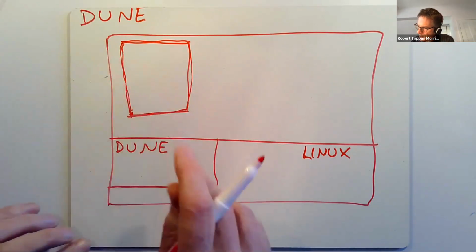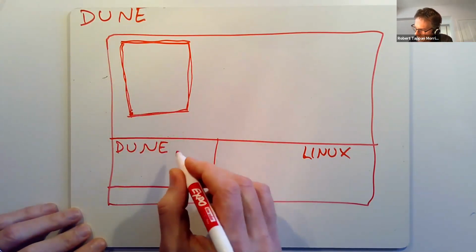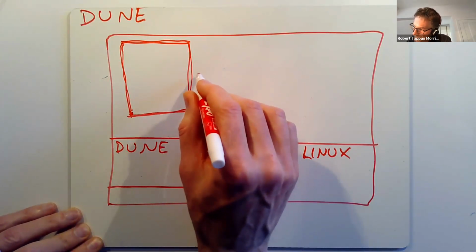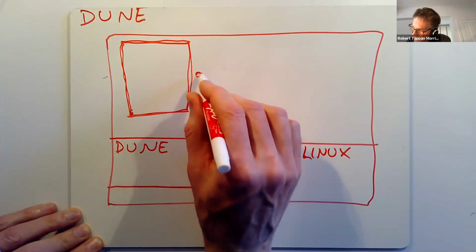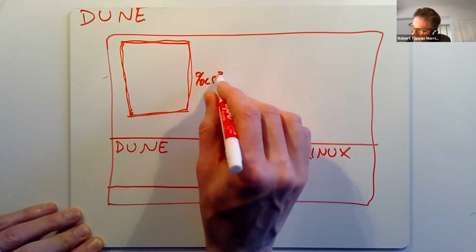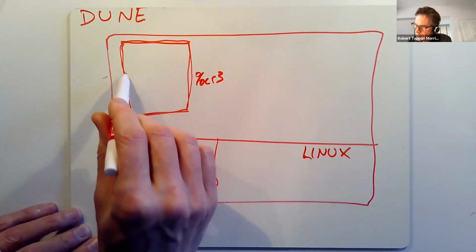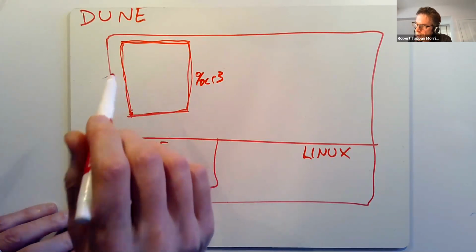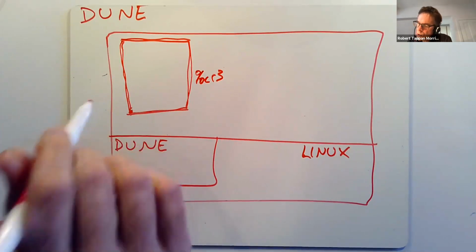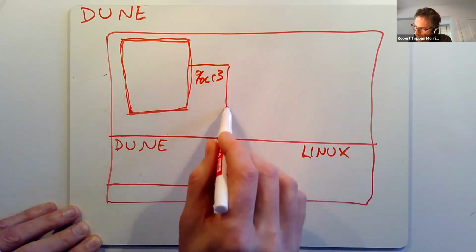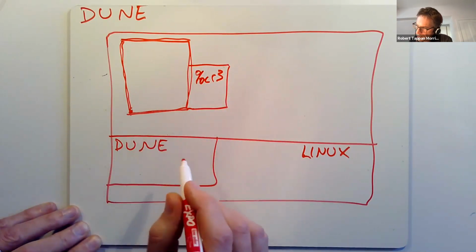So for this process, Dune maintains a virtual set of all the control registers, like its own CR3 and therefore its own page table, because this process is going to run in non-root supervisor mode. So it can run all the privileged instructions, although against the virtual state implemented by VTX.